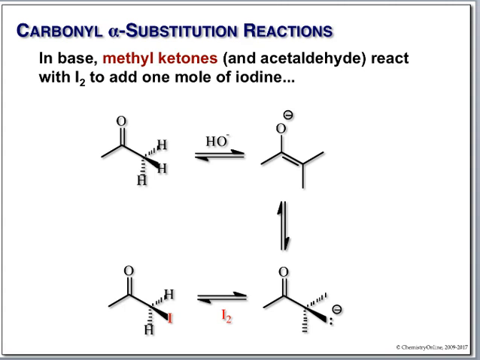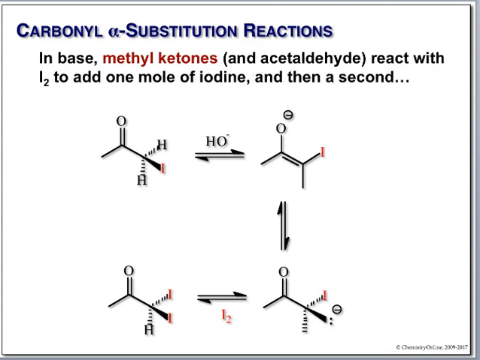However, we still have base, we still have iodine, and actually this compound is now more reactive than this one. And so this is going to react with another mole of base to make a different enol, one with the iodine on it.